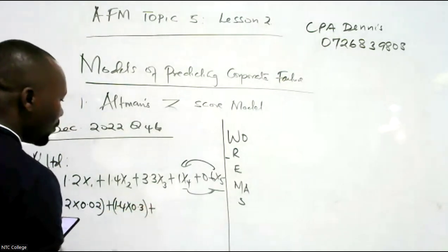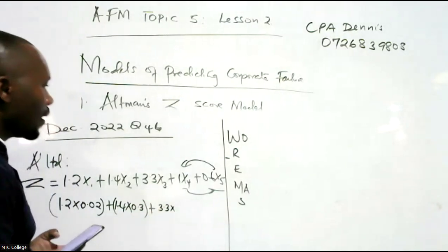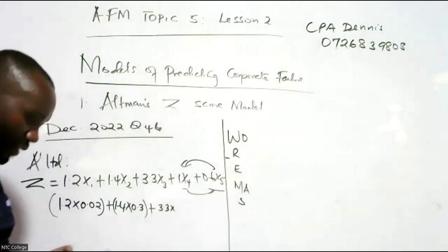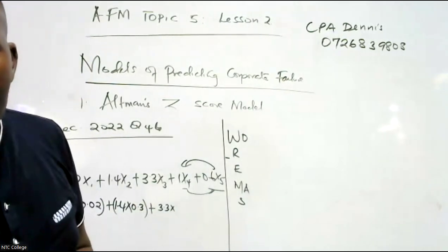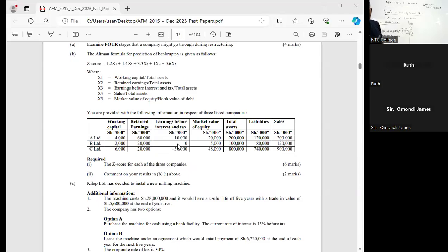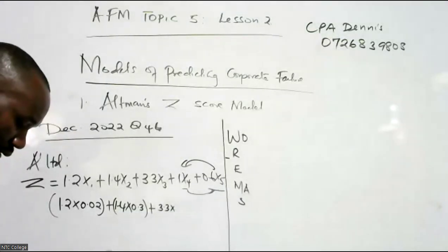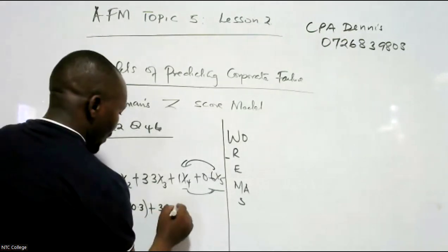Then you add 3.3 times EBIT. What is the value of EBIT? 10 over 200. So that is 0.05.